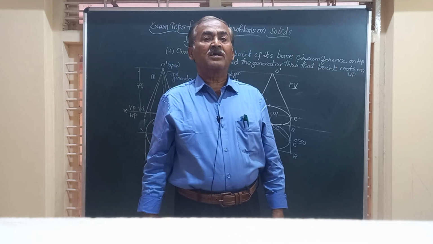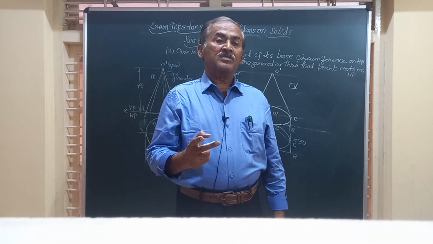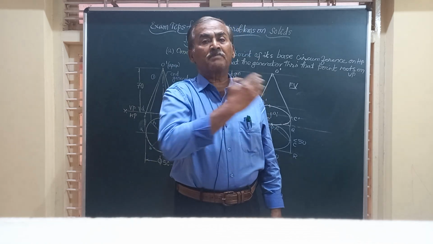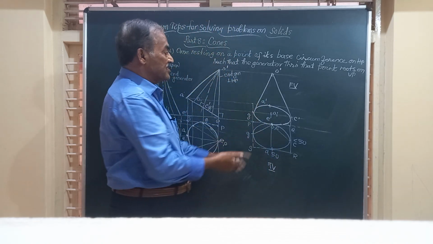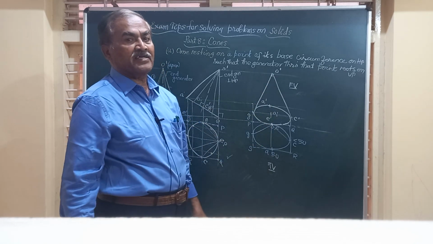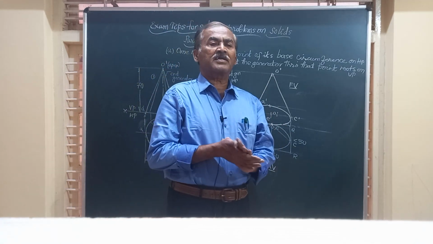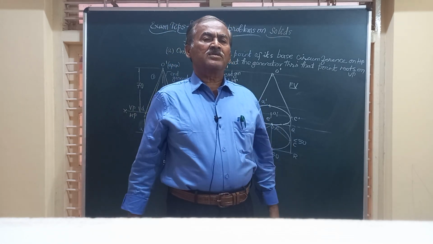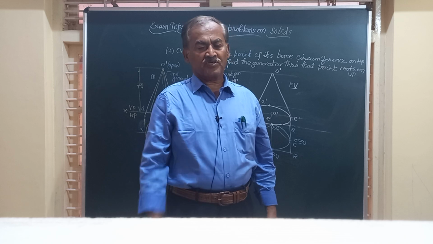And third one is the projections of the cone when it is touching the vertical plane VP like this by one of the end generators. This O is the end generator. So these are the 3 important questions that are generally asked on the chapter projection of cones.